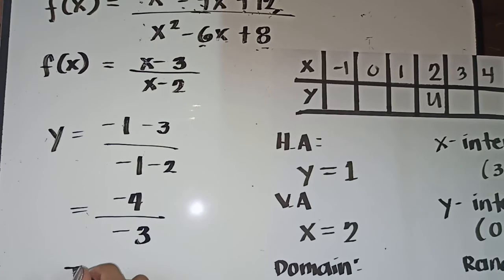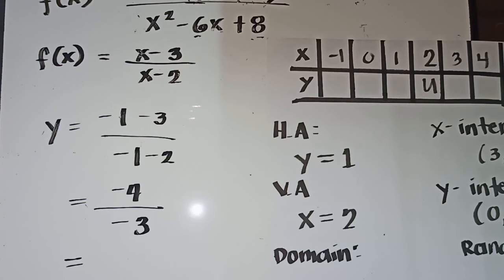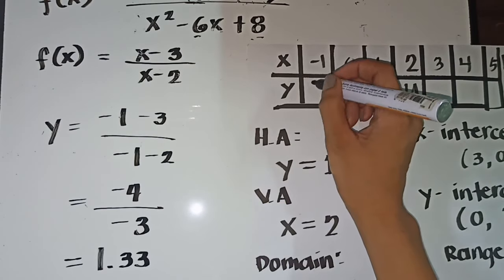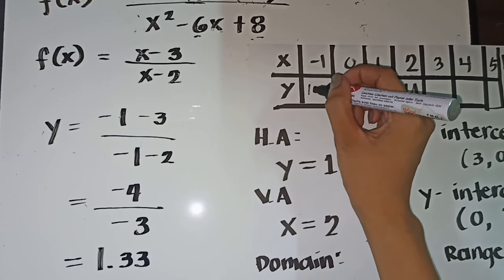Sa pagkuha ng value ni y, okay na din kahit decimal. So, mas madali ang mag-plot ng points kapag naka-decimal. So, this negative 4 over negative 3 is equal to 1.33. So, the value of our y is 1.33.